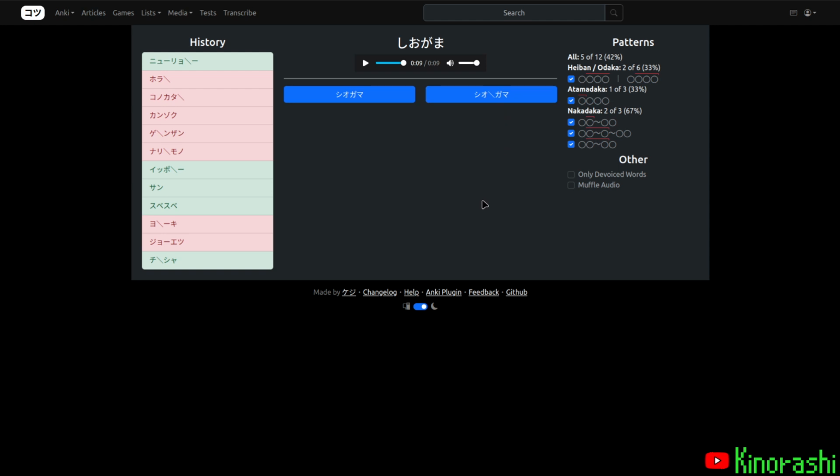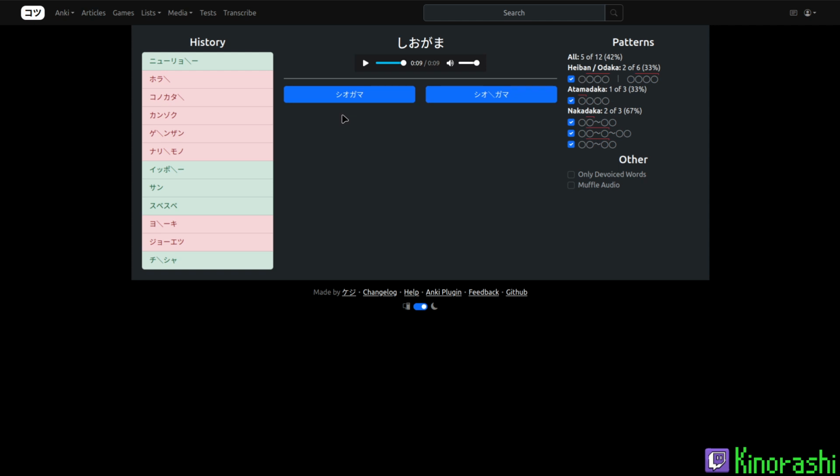This is wrong right here. That circle should not be there. There's no situation in which that... let's see, dakuten, handakuten. That should be the dakuten mark, not the handakuten mark. Shiogama.